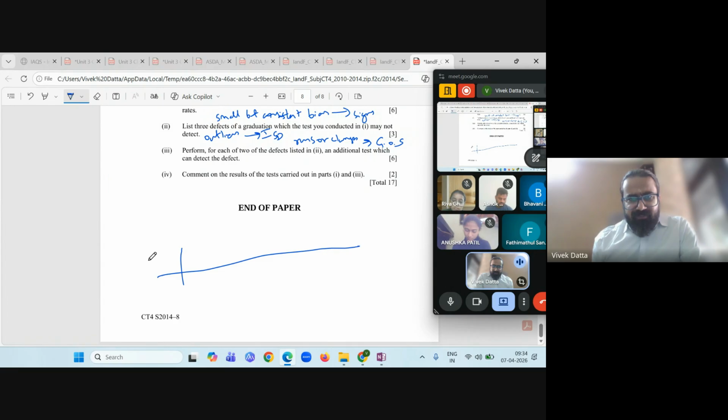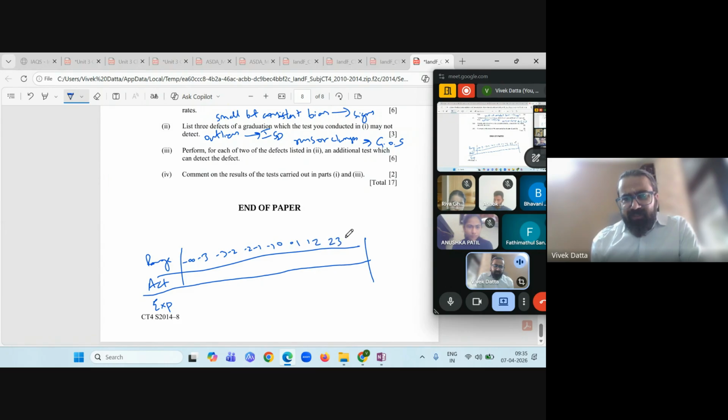Range, actual, expected, right? You will have minus infinity to -3, -3 to -2, -2 to -1, -1 to 0, 0 to 1, 1 to 2, 2 to 3, and 3 to infinity. Expected, here we have 10. So we have 0. In this we have 0.02.